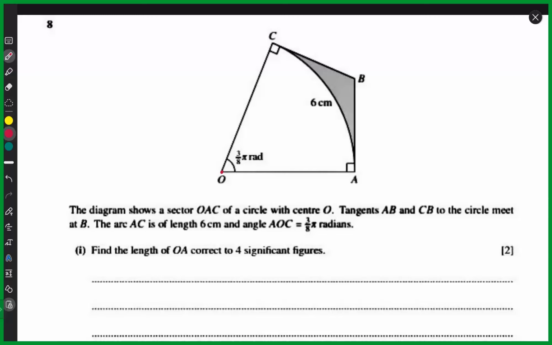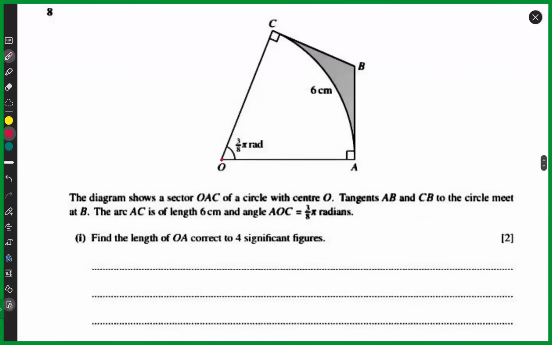What I did is I said 6 is equal to 3 pi over 8 times radius, for me to find r. Very good. Then 18 over 3 pi, and I find 1.90985. Very good. Your method was correct, but let's see what happened.